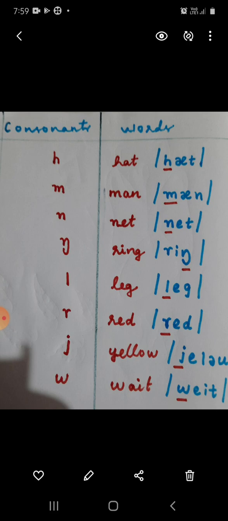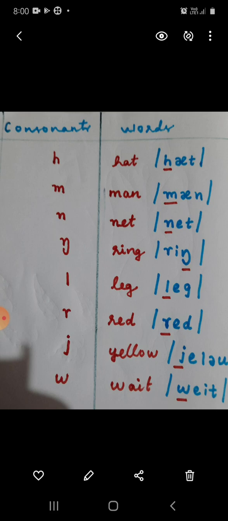M. How to write that m? Small letter, printed m. And the pronunciation in phonemic, that is the phonetic symbol, small letter m we are writing, and the pronunciation is m sound. Understood? And which are the examples? Man, mouse, then monkey.